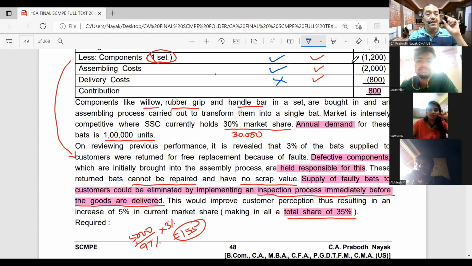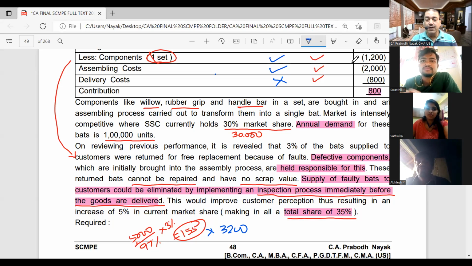So only 3,200 into 155 will be taken as a variable cost. Akhilesh, are you able to understand? Yes, sir. Satvika, have you understood the calculation? Why 800 is not taken? Okay.